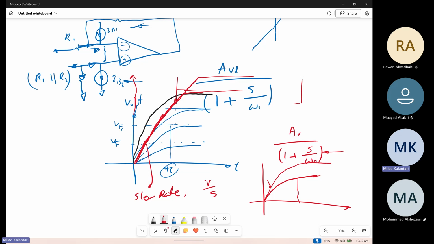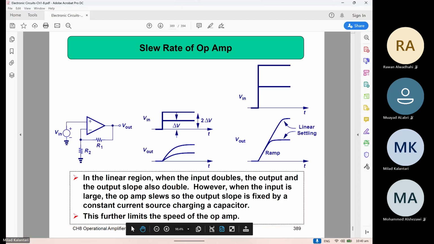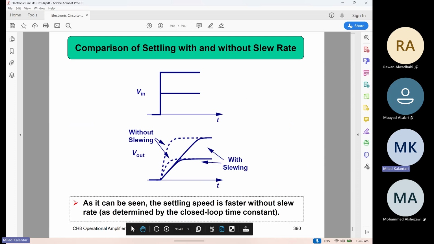But at a certain level, the slope cannot even change. So this is another limiting factor. Two mechanisms, basically.